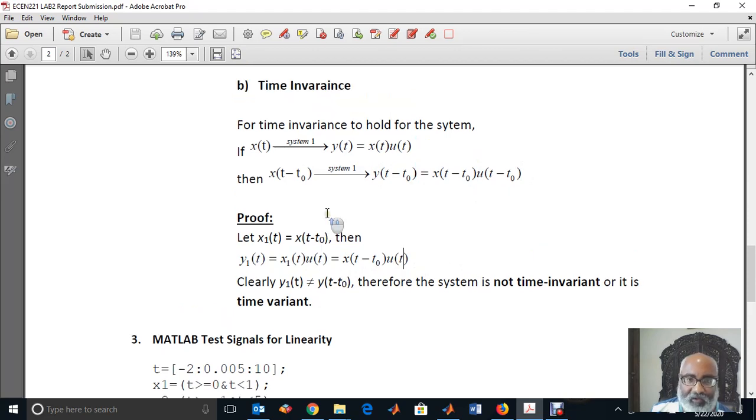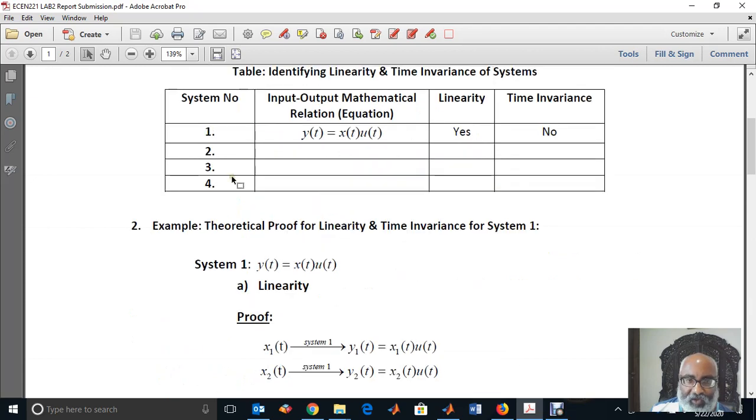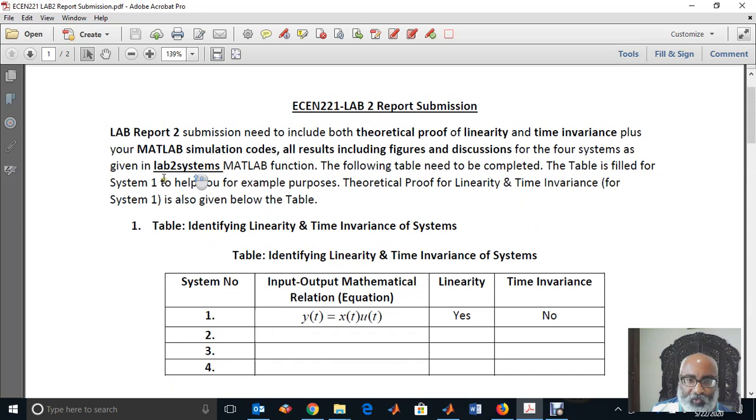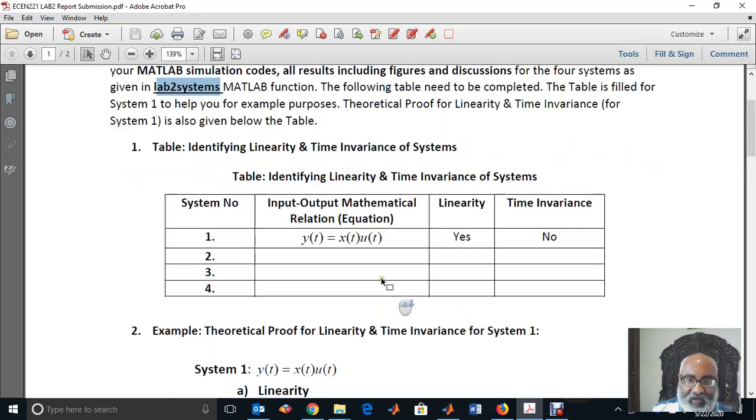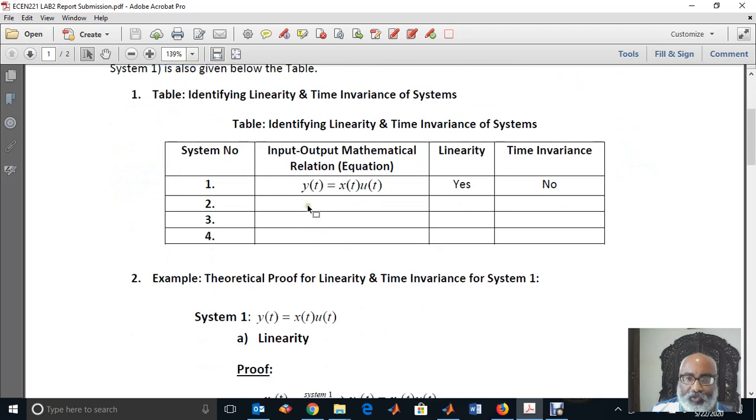Okay, now this is the way you do it mathematically. So for all the systems, 2, 3, 4, you'll go to the MATLAB function lab2systems, and first you'll identify the type of the system by writing the mathematical expression for the output y(t) for system 2, for system 3, and for system 4.